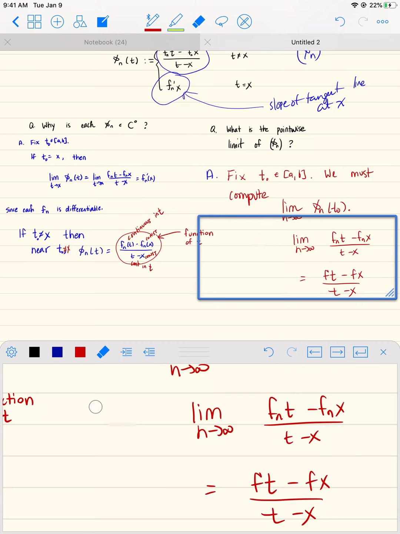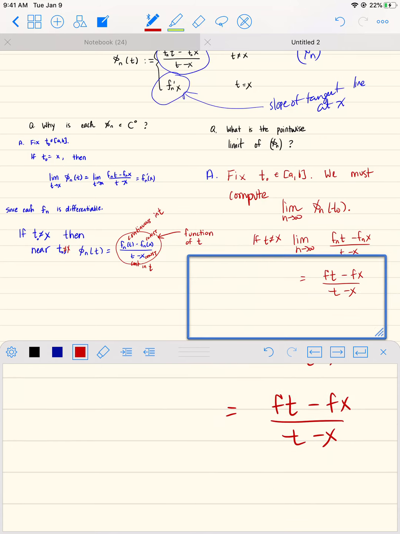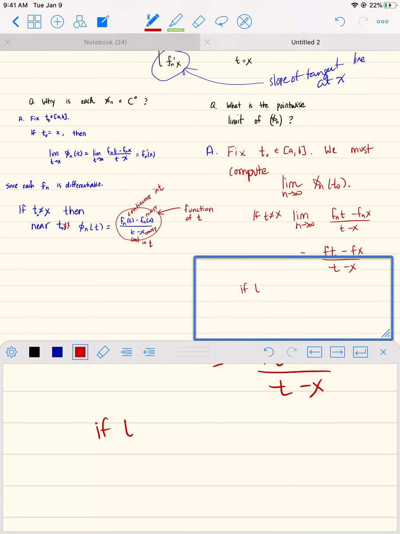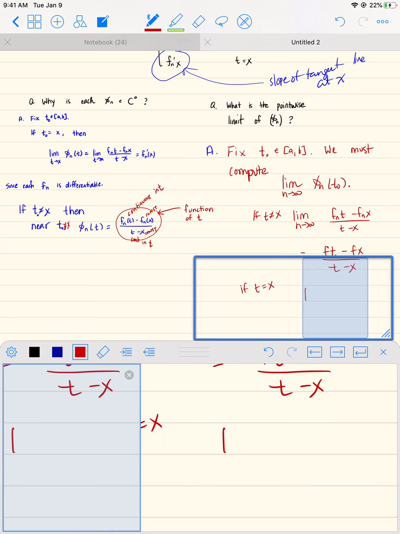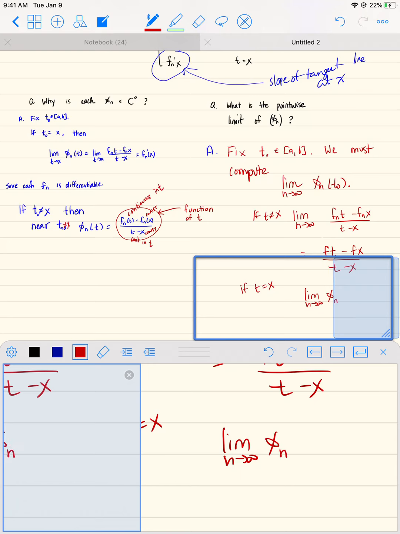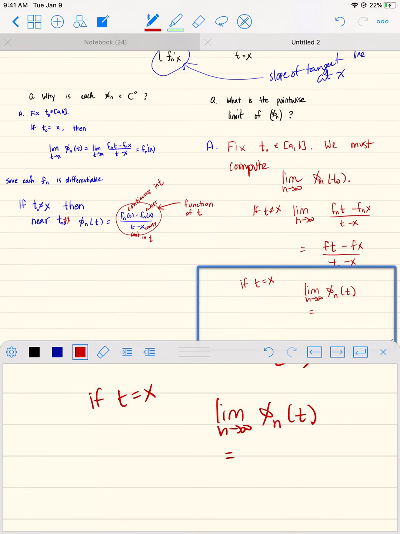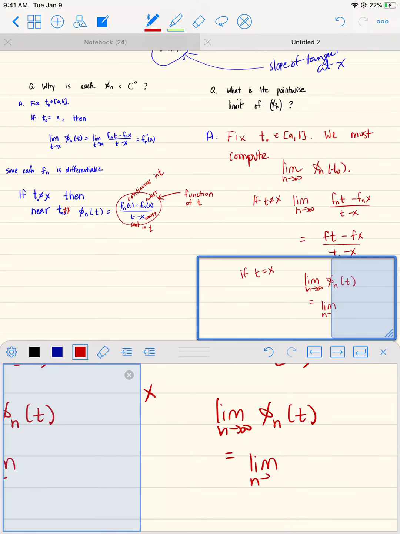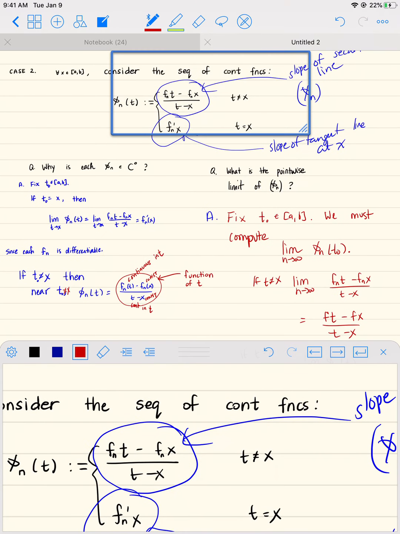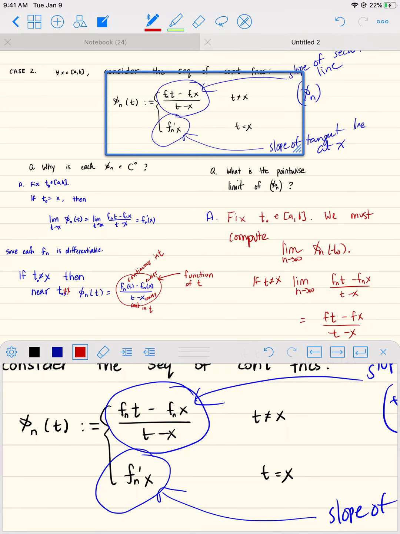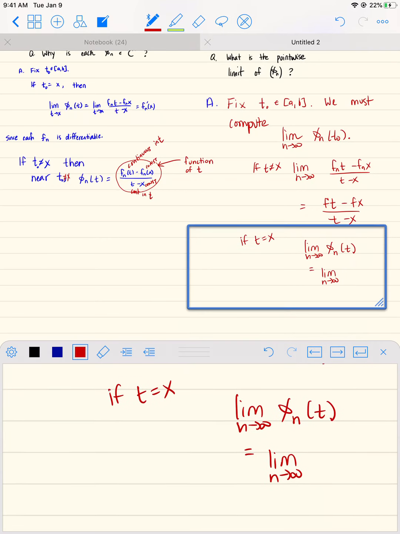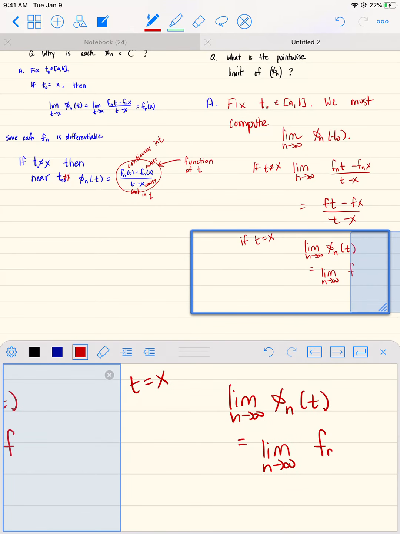So we'll get this if t is not equal to x. If t is equal to x, then the limit as n goes to infinity of phi sub n of t is equal to the limit as n goes to infinity of, well, if t is equal to x, then we're just supposed to use fn prime of x.